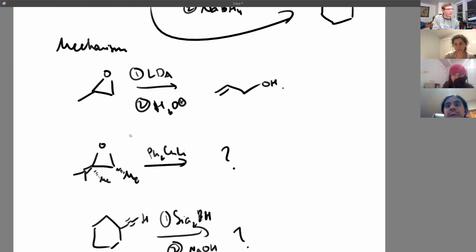How about a mechanism? What's going to happen in this reaction? What is LDA? It's like a bulky base. Yeah, exactly. It's a really good base, in fact. So in that case, what kind of reaction is it going to do?